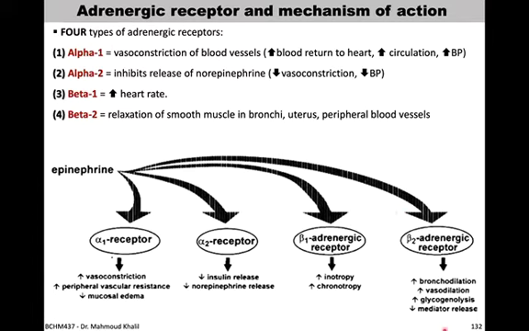So it leads to increased bronchodilation, increased vasodilation, increased glycogenolysis, and decreased mediator release, which is not a major effect. Dopamine has a specific receptor, the dopaminergic receptor, and this leads to dilation of the vessels and increased blood flow, and it only works with dopamine.